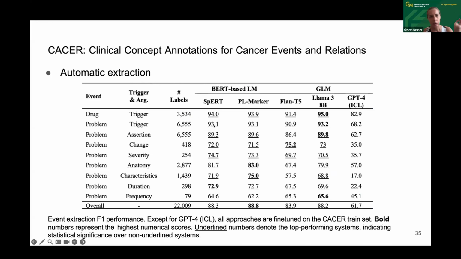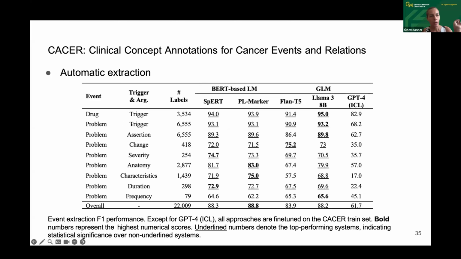GPT-4 is not really comparable here. It's zero-shot. It had only the annotation guidelines, maybe 1-2 examples. So it did not perform well. I put it here just because people may be curious about it, but it's not fine-tuned as the other ones are. So for the categories that had great representation, the systems did well, and as sample sizes went lower, of course, they were at a disadvantage.